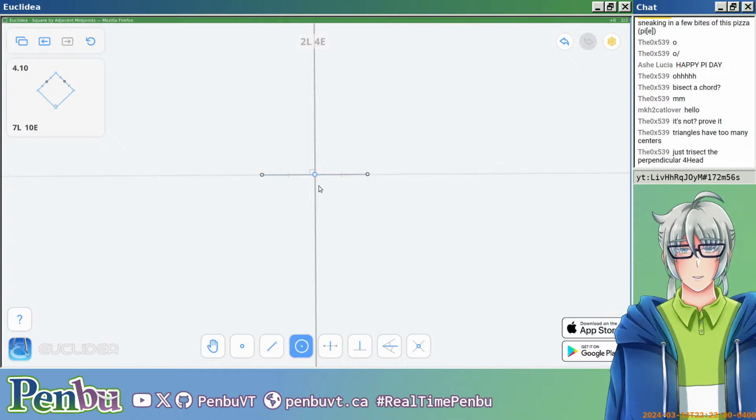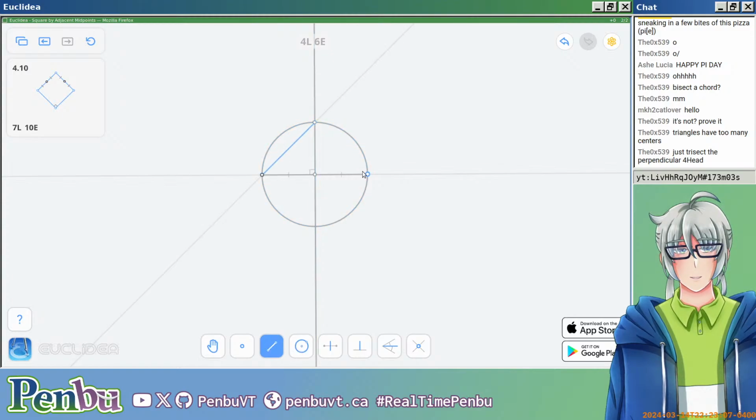We can take this, and we can take this. I don't think this means... actually it does mean something, because then this here is 90 degrees. Which means we can extend this.